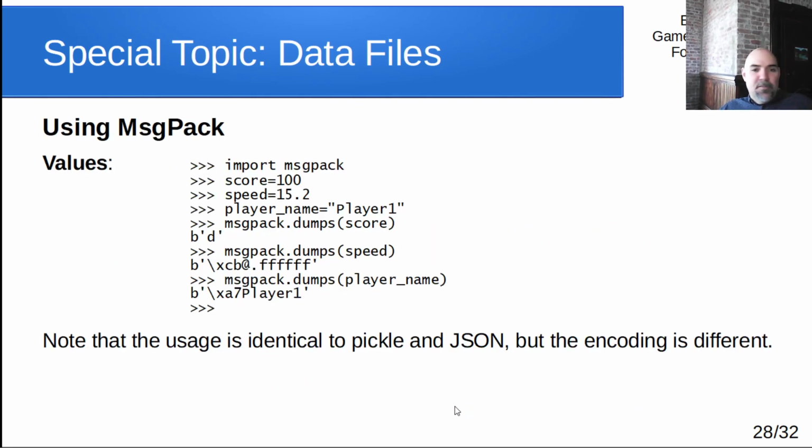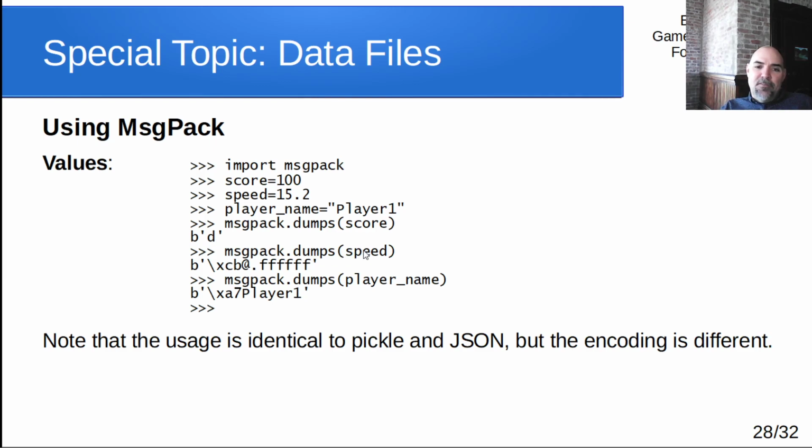Okay, so how do we use it? Interestingly, it works the same way as the other two. It has load, it has dump, or it's got dumps, it's got loads. So notice here, same example we did with JSON, 115.2 player 1. We can use MsgPack.dumps. Notice how much smaller. This is a single byte that gets dumped out to store that score of 100.